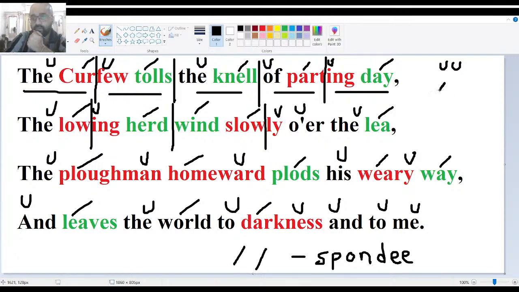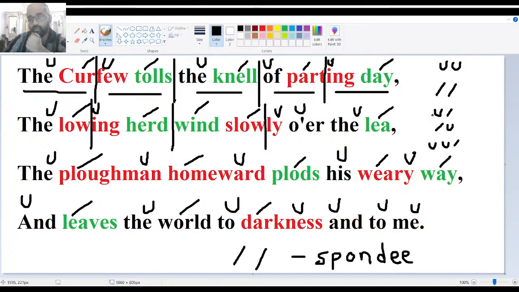Then you have spondee, as I already pointed out. Of course, there is iamb, there is trochee, and corresponding to iamb, you have something like this: two unstressed syllables followed by a stressed syllable, which is called anapest.